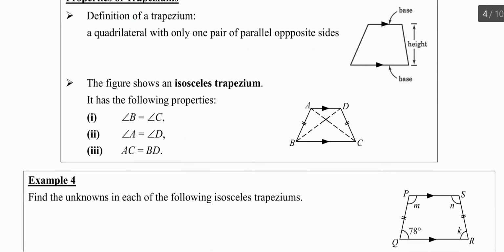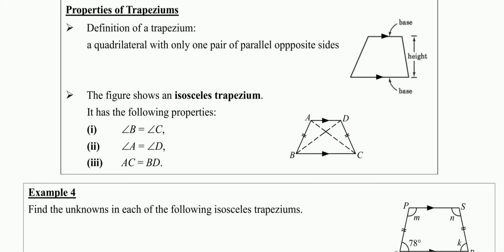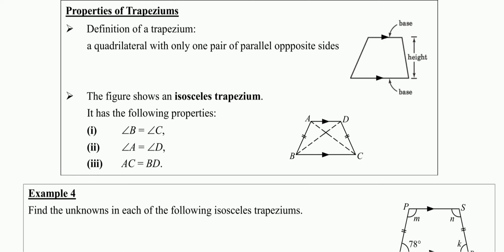Let's look at the 4th type, the trapeziums. This is not difficult to understand. To define a trapezium, there is only one pair of parallel lines. There's a special case, the isosceles trapezium, which has the following properties.